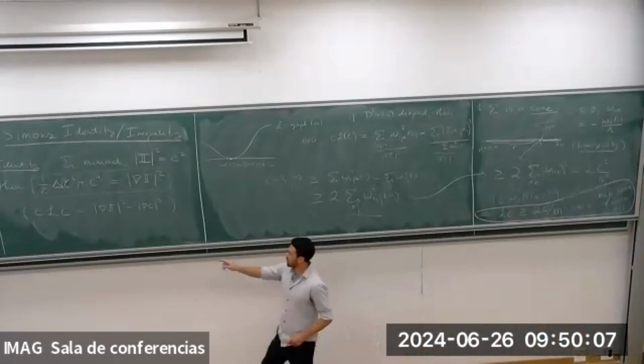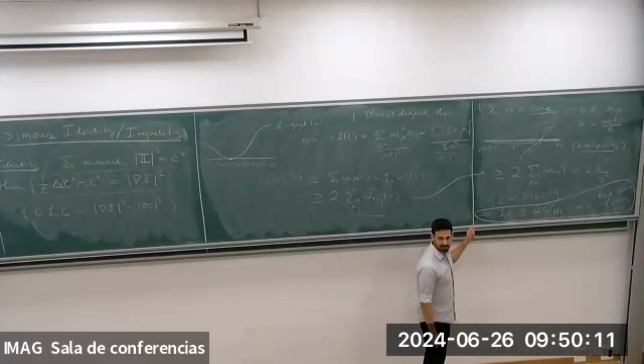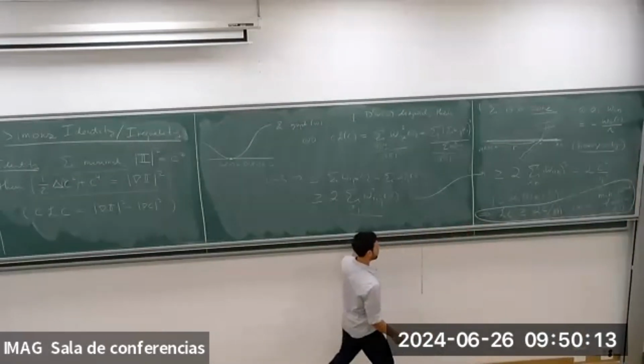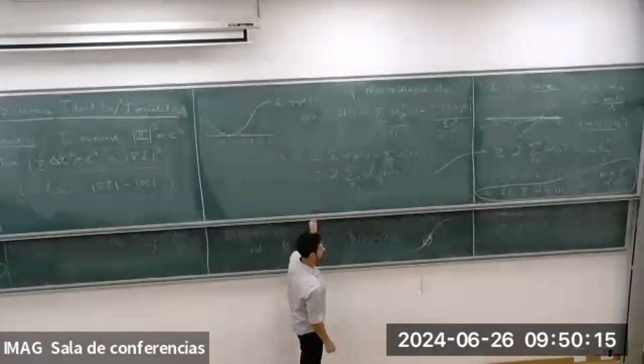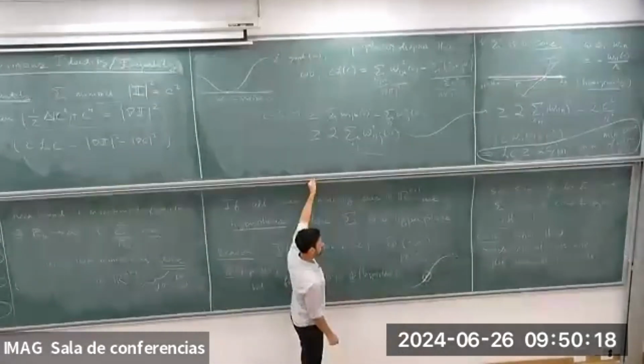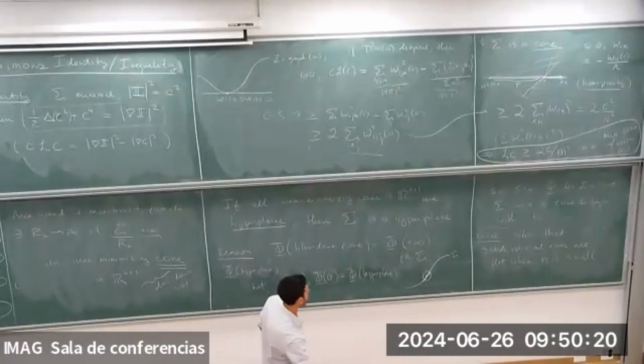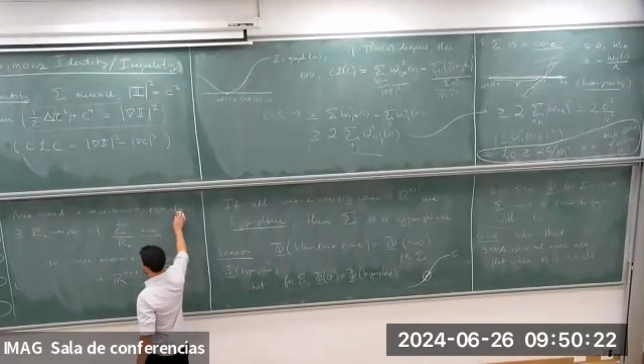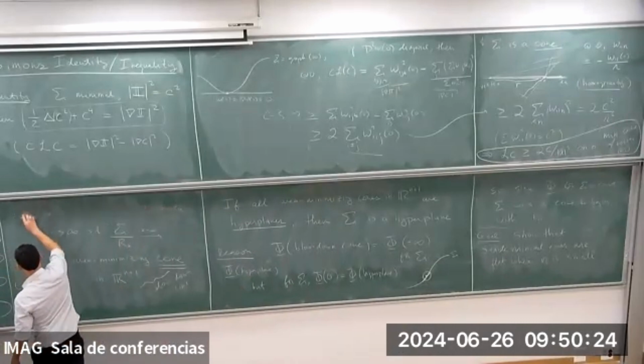All I've done is estimate this from below by 2c squared over r squared, and now I'm just dividing this. So that's Simons' inequality.